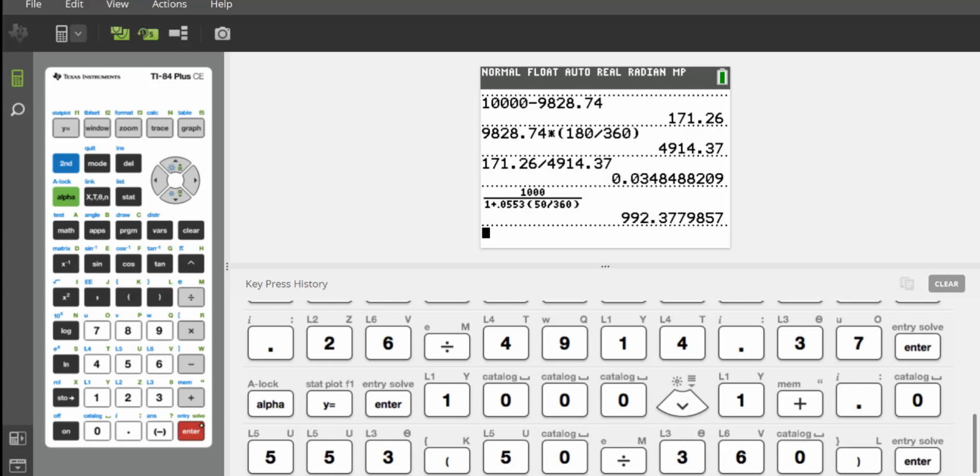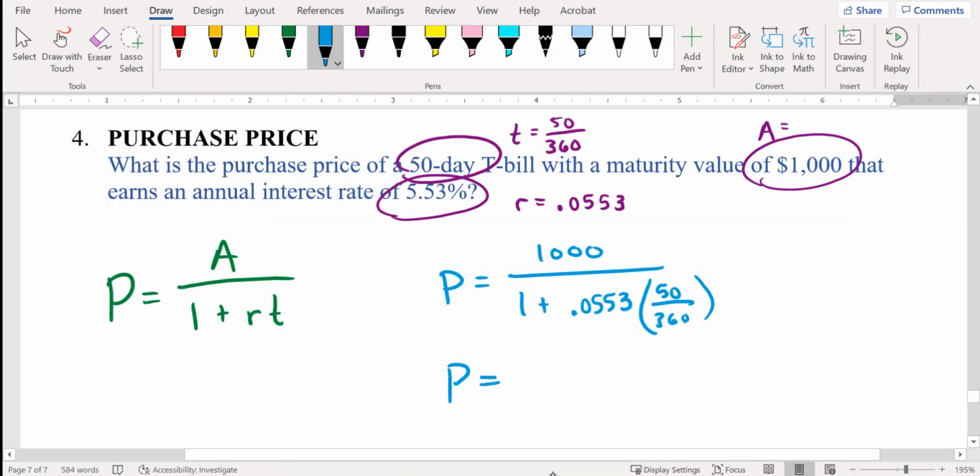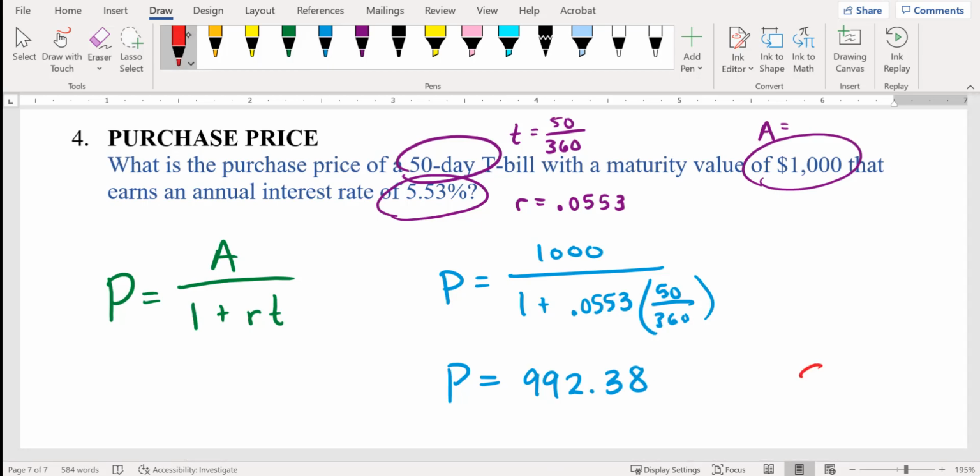My purchase price will be $992.38. So the answer to that problem, my purchase price is $992.38.